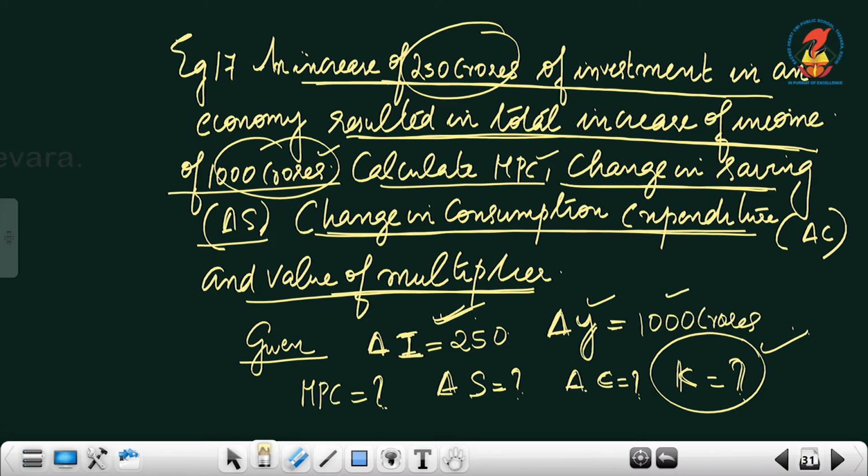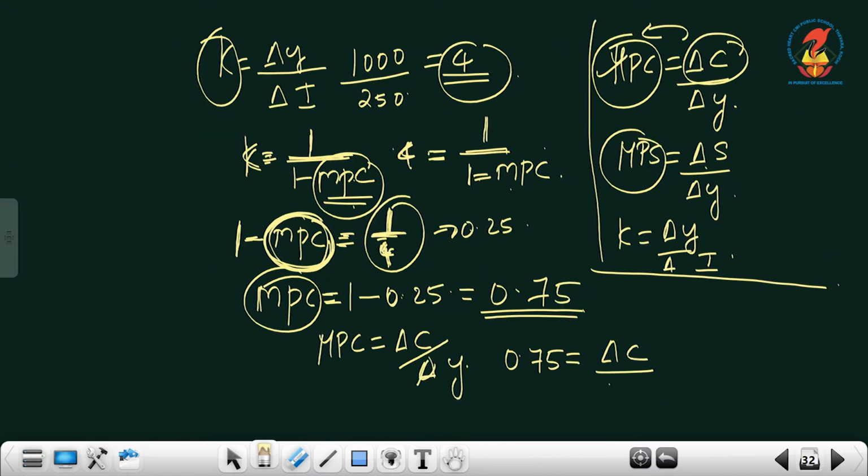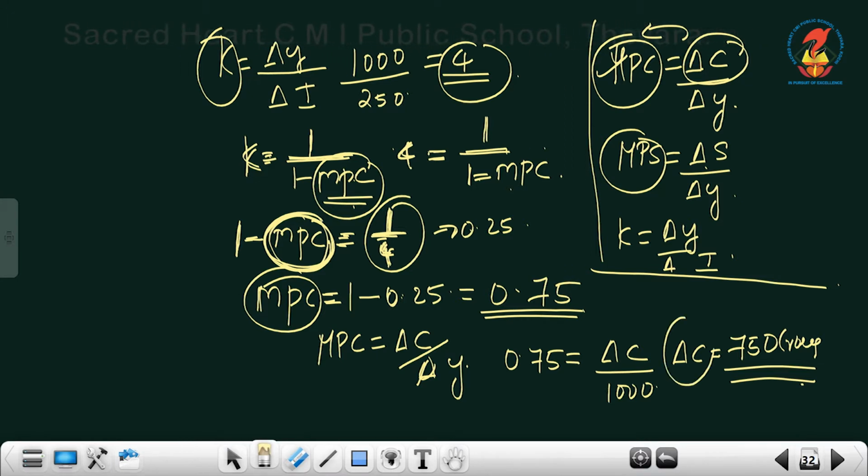Delta Y is 1000 crores. It is actually given in the data. So it is 1000 crores, isn't it? So what is delta C? Delta C is equal to 1000 into 0.75, which will give you 750 crores. Okay, so this is delta C.